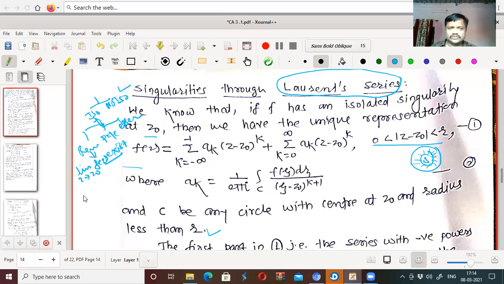Pole means what? If the given function has a singularity at z0 and the limit as z tends to z0 of z minus z0 to the power n times f of z exists and is non-zero, then we say that the function f of z has a pole of order n, and if not these, then we call it an essential singularity.